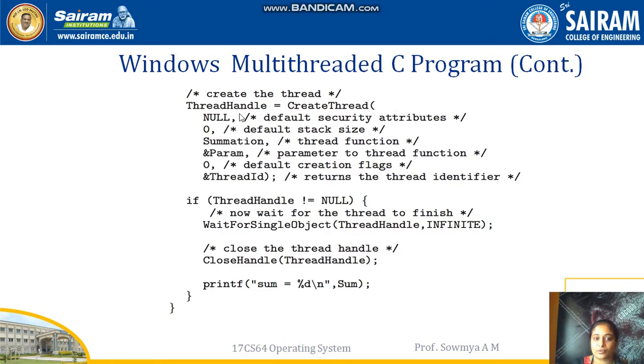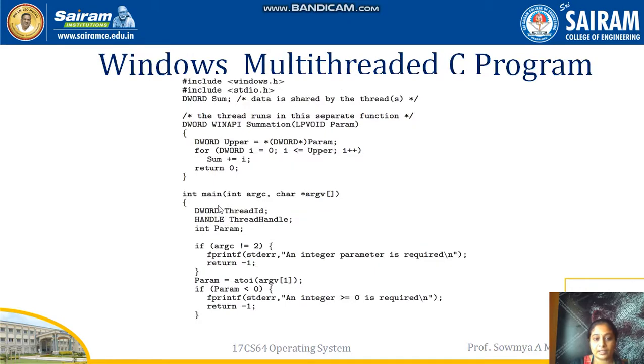If you go to the creation of the thread, CreateThread in Windows is a system function used to create a thread, and ThreadHandle will take the value returned from the CreateThread function. For NULL default security attributes you can set the security attributes and stack size, and Summation is the thread function, the same function which is defined here.